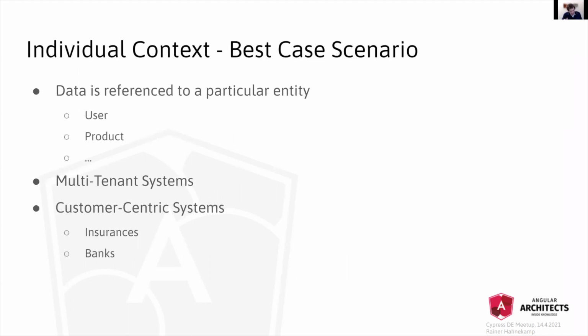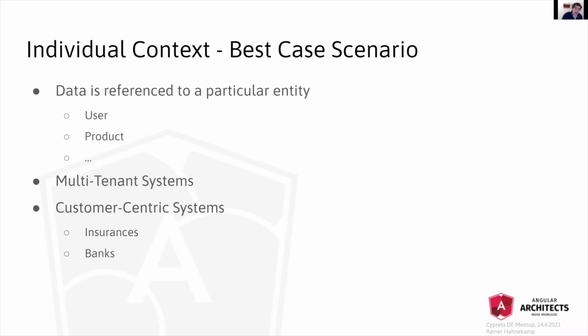And if your application has the characteristic that many processes are built around a certain entity, a certain record, so each request has some kind of attached ID, like a user or a product or something similar.